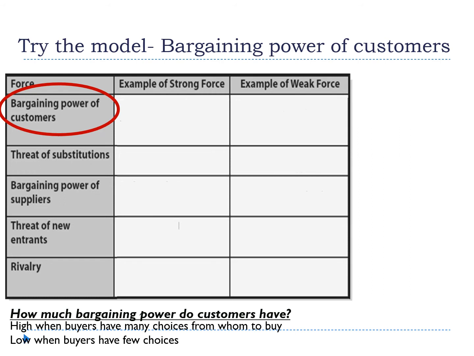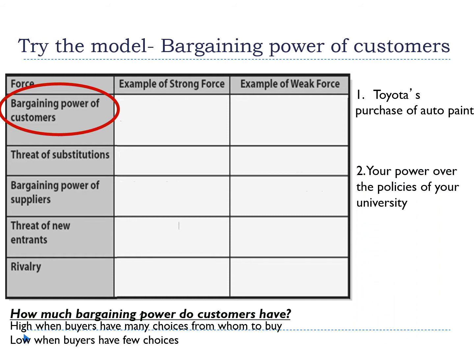Let's think about how much bargaining power customers have. There are 3 examples. Toyota's purchase of auto paint. Your power over the policies of your university.